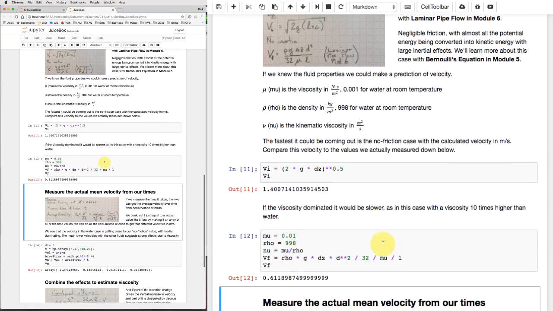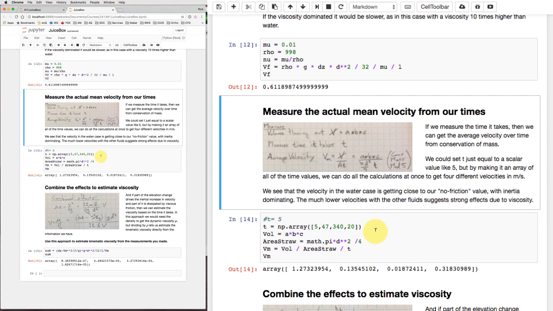So now that we've got some ideas about how all of this works, these two limiting cases, let's go and measure what we actually got, because we checked out what the time was on our different measurements. So the volume flowing out is just A times B times C. We measured how long it took, that was time t, and so the average velocity is going to be equal to the volume that flowed out per unit time divided by the area of the straw.